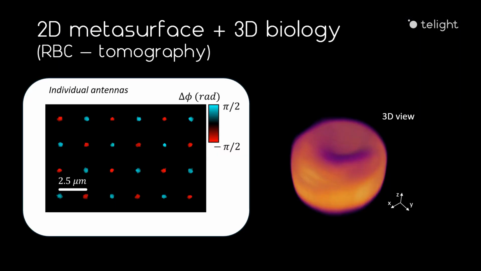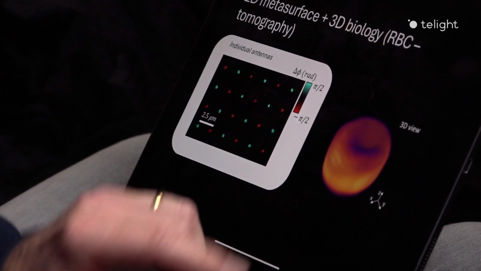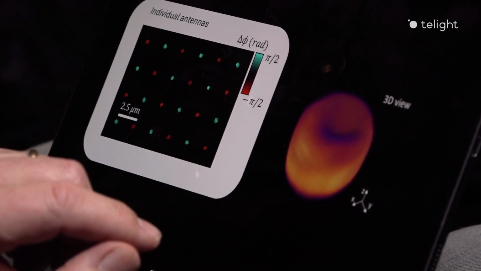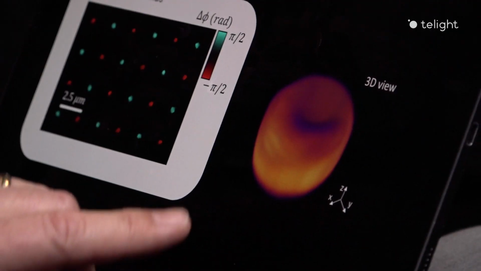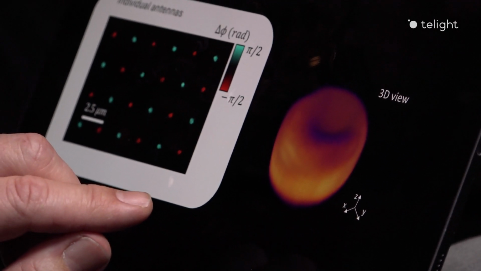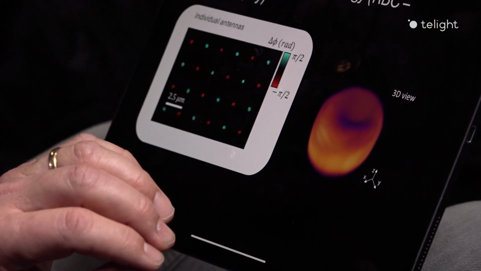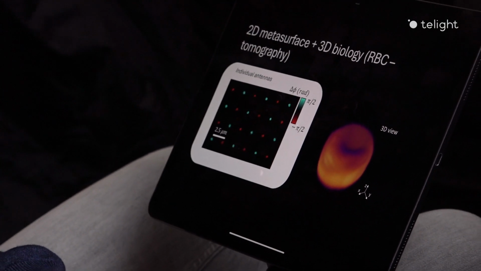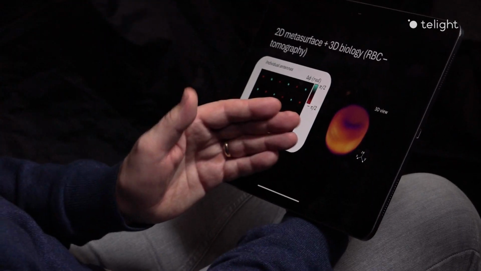On the right is the reconstruction of the red blood cell refractive index distribution in 3D, which was reconstructed from the optical sections recorded by Q-phase. So it's the experimental data which was processed, and we get the usual distribution of the refractive index of a red blood cell.